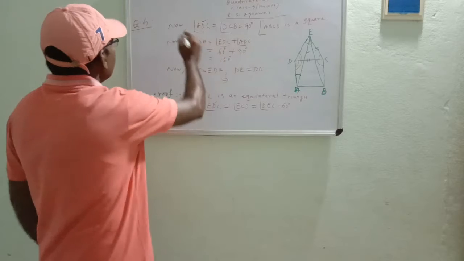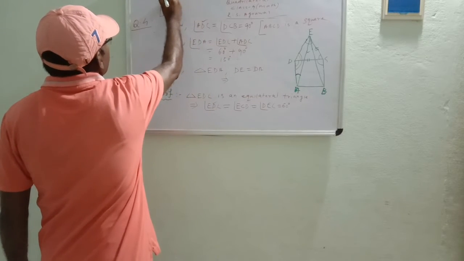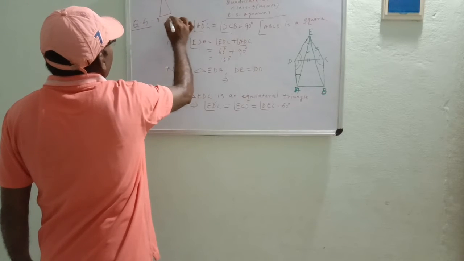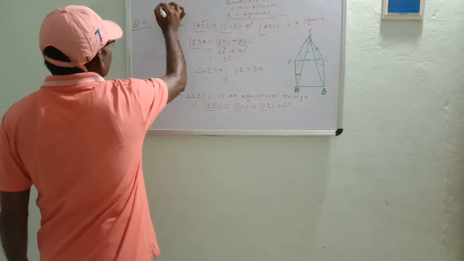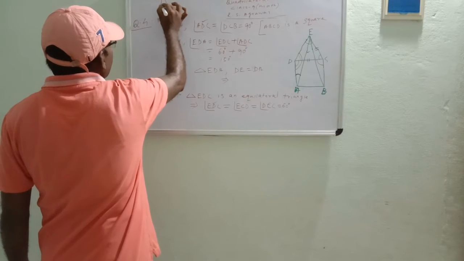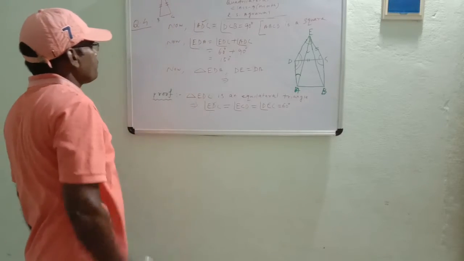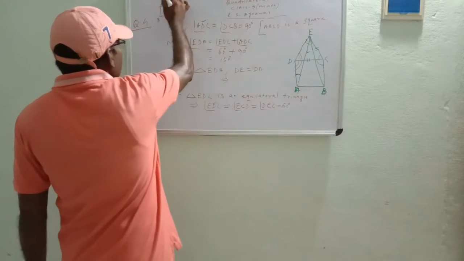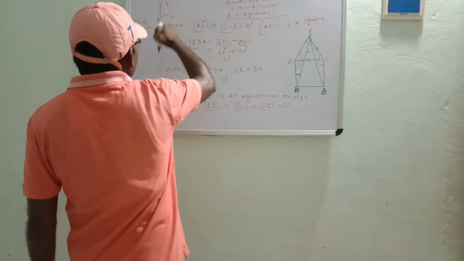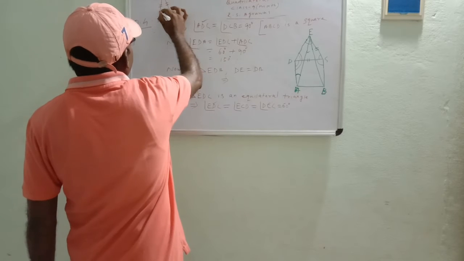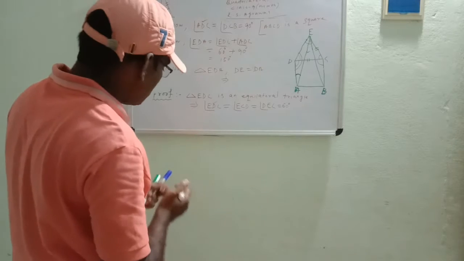Suppose it is a triangle, and in this triangle, suppose AB is equal to AC. It means it is an isosceles triangle. As in this triangle AB and AC, these two sides are equal, therefore their opposite angles must be equal. Already you have known it in class 8.